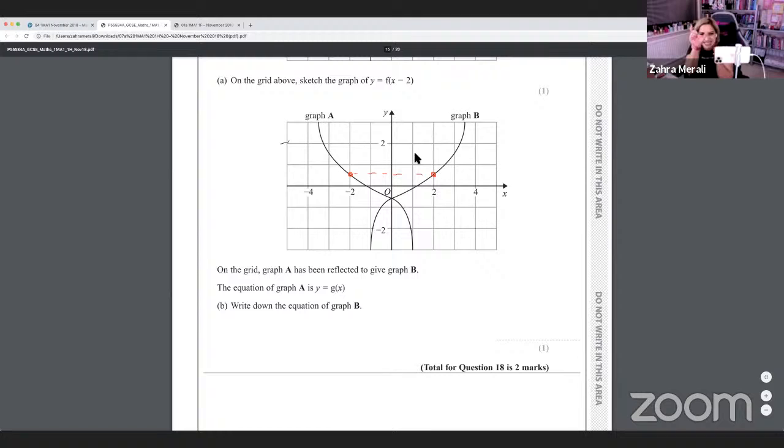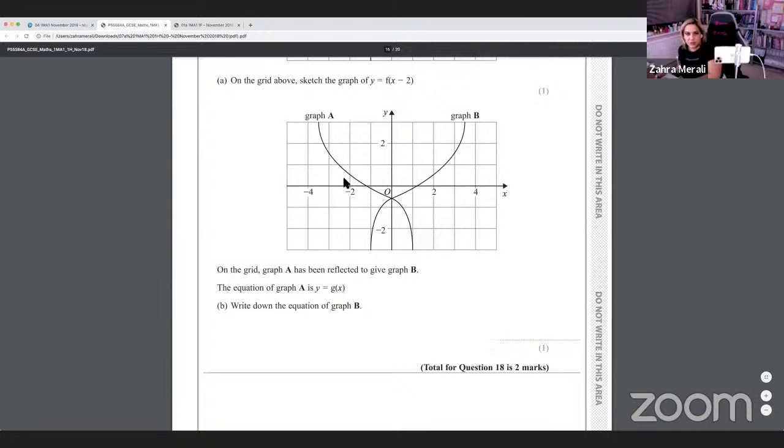So the change is inside the bracket. Inside the bracket affects the x. So inside the bracket has become minus what you expected it to be. Your x's in brackets, don't want them. So they stay inside the bracket. Everything except for minusing it is always the opposite. There's not really an opposite to a reflection. So that's how you do that one.